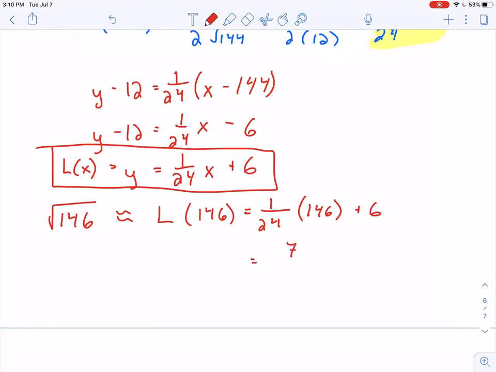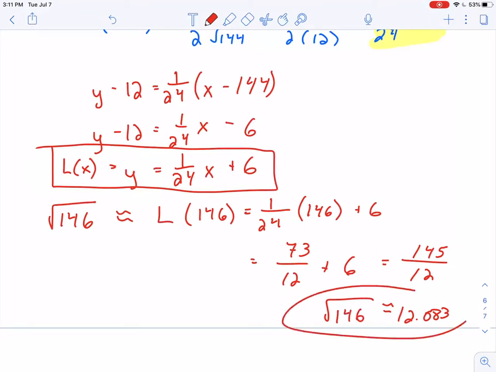Here I'll end up with 73 over 12 plus 6. That gives me 145 over 12, which as a decimal is approximately equal to 12.083 repeating. And so this value, my L of 146, is approximately equal to the square root of 146.